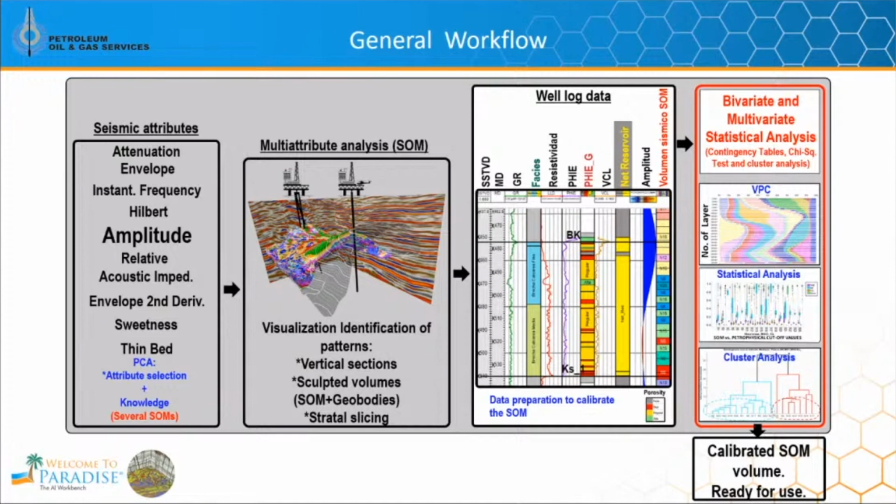They are common instantaneous attributes such as attenuation, envelope, instantaneous frequency, Hilbert, amplitude, relative acoustic impedance, the envelope second derivative, sweetness, and thin bed. All of these attributes respond to lithological contrast. We know this because we have done several tests and from the bibliography.